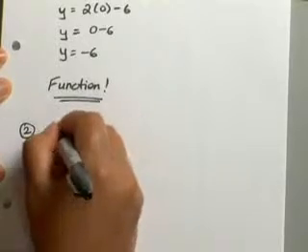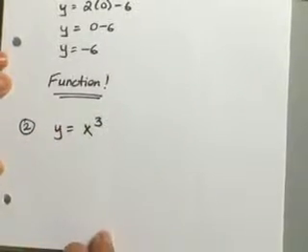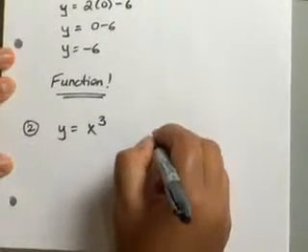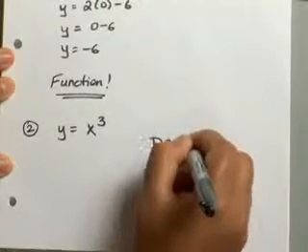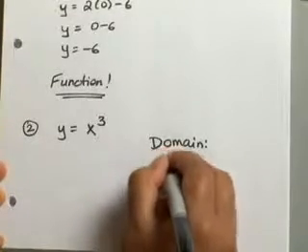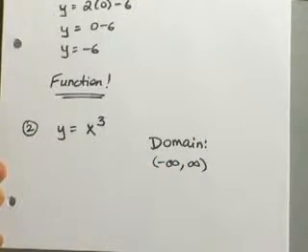Let's say we have y equals x to the third. So let's go ahead and identify our domain here first. As you can see, we don't have any restrictions here. There's no x in the denominator, and there is no even root here. So that tells us again that our domain is going to be all real numbers, negative infinity to positive infinity.